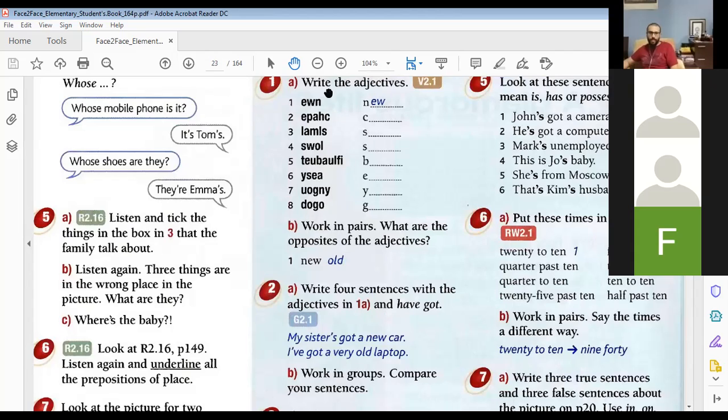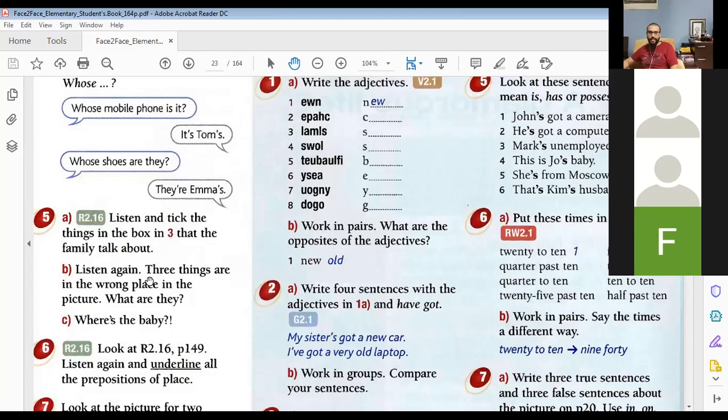Cheap car. I've got a cheap car, correct? You can say I've got a slow computer or a slow phone, for example. Right? Okay, so the idea here, they just want you to use have got. Yes, Basma?